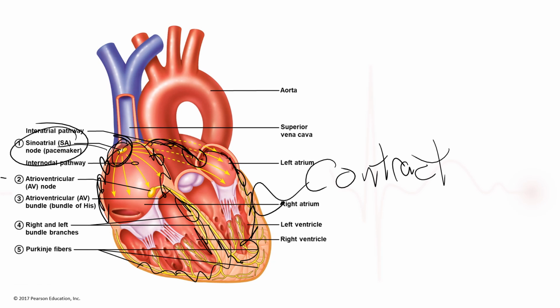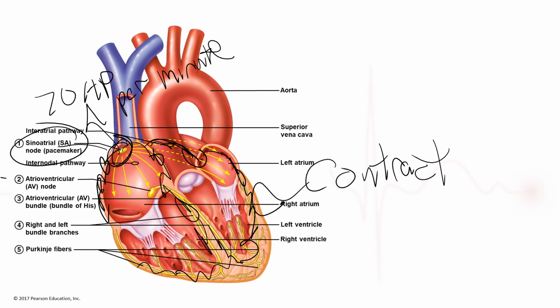Okay? Every single time that the sinoatrial node fibers generate an action potential, that action potential is going to propagate through the whole heart, all the cardiac muscle fibers, contractile fibers of the heart, and the whole heart is going to contract. So the point is, if the sinoatrial node fibers generate 70 action potentials per minute, okay, what's going to happen?